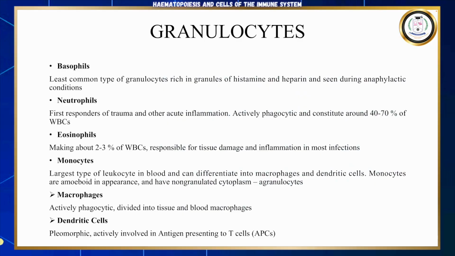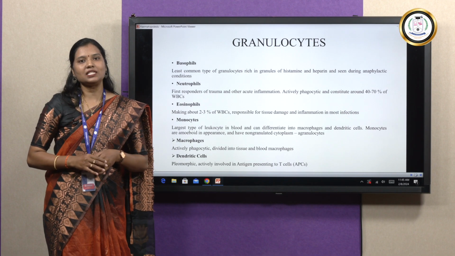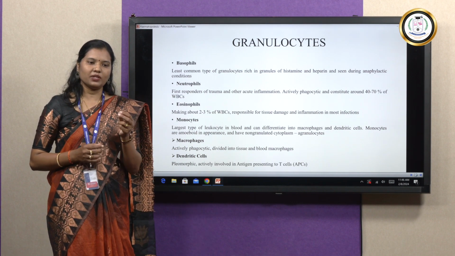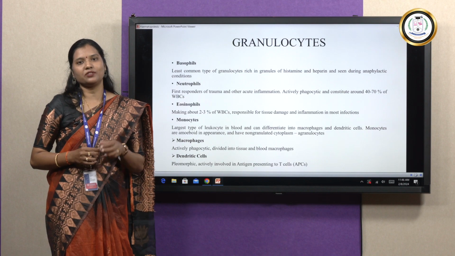Then coming to dendritic cells, they are mostly pleomorphic cells which have needle-shaped projections on their cell surface. They usually have MHC class 2 antigens on their cell surface, and these dendritic cells perform the important function of antigen presentation to the T cells.